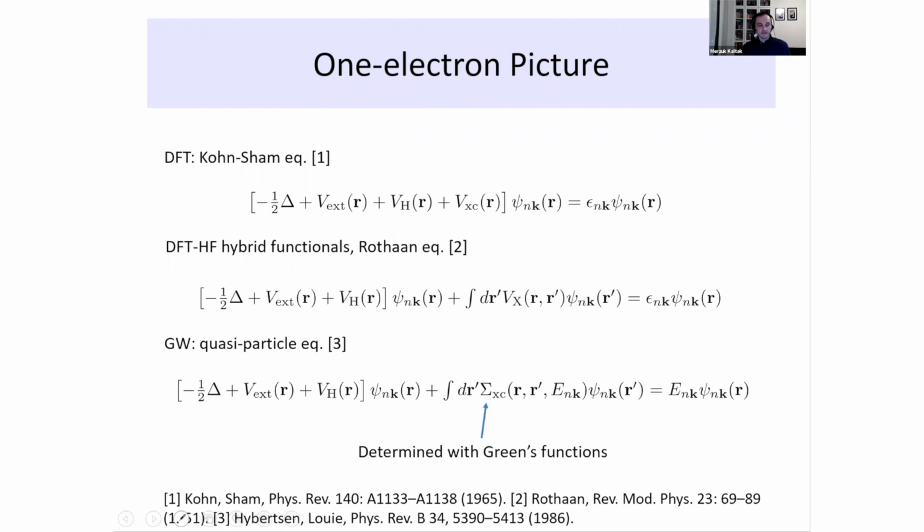That's why smaller systems should be studied with the quartic scaling GW, the old implementation. But as soon as you have larger systems, roughly 20 atoms or more, I would go over to the low scaling approach.